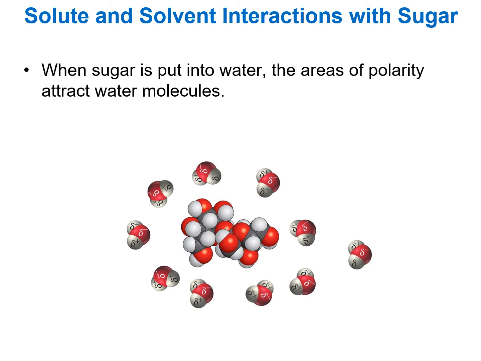And where there might be a cluster of hydrogens, the water molecule will flip around so that its negative region will be attracted to those hydrogens. So it's the same notion, it's just that it's happening over the surface area, or the outer regions of our molecule, that attraction between the positive regions and the negative regions.